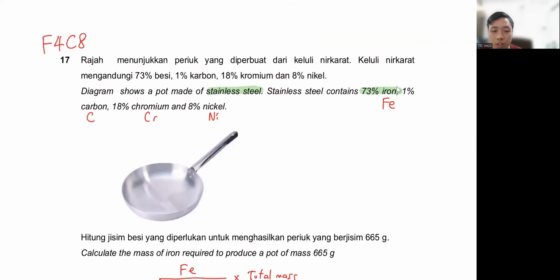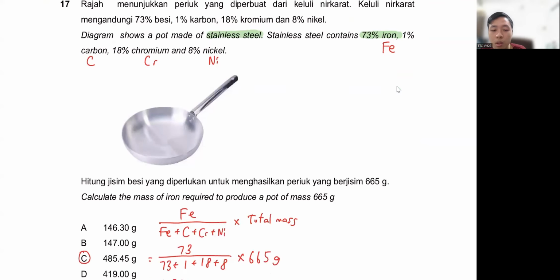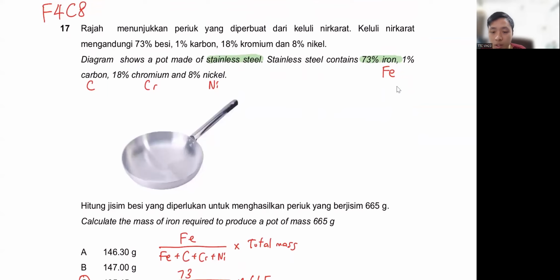Question 17 is for chapter 8. This one is also talking about alloy, stainless steel. Remember, stainless steel is an alloy. It is made of four components. The first main component is iron, followed by carbon, chromium, and nickel. Chromium makes it shinier. But actually, this one they just want you to calculate. Very simple.